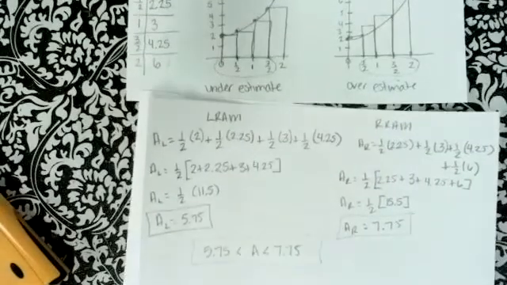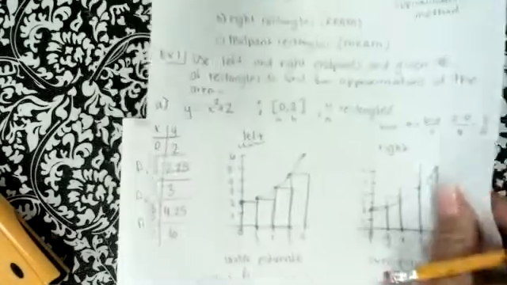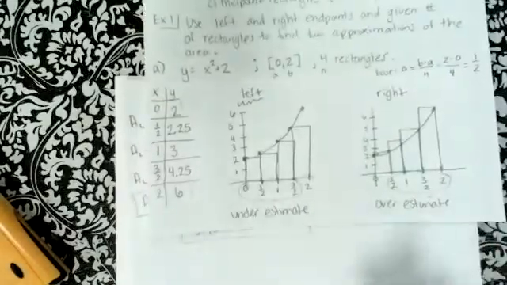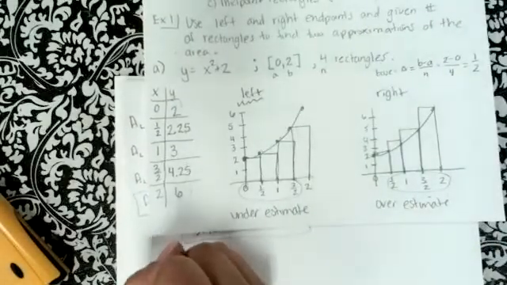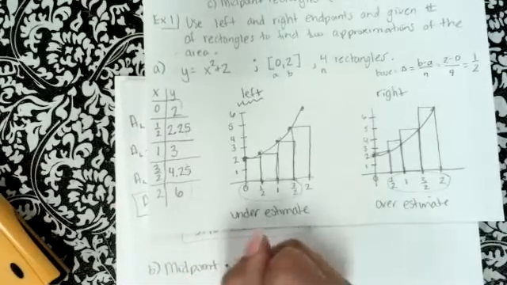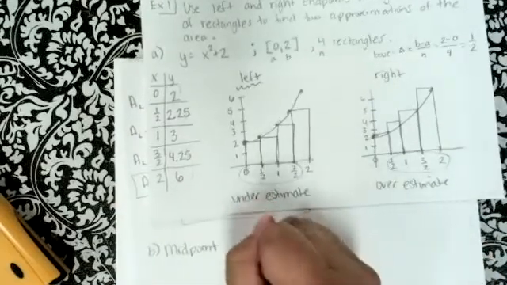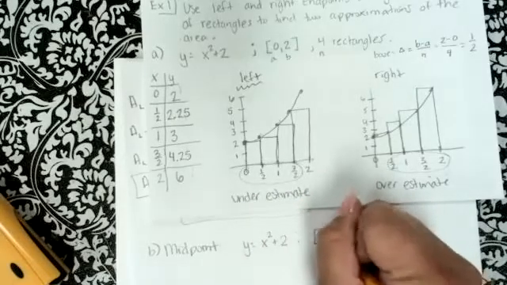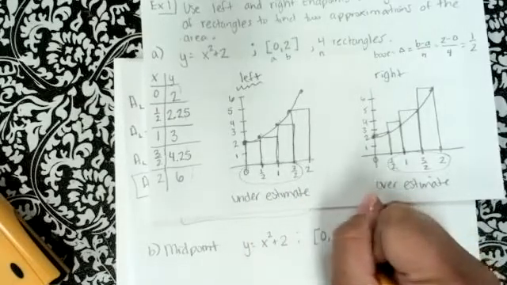Now let's say I want the midpoints, okay? We're still going to use this same one. So let's go ahead and I'll write that as a B, right? I want the midpoints of y equals x squared plus 2 from 0 to 2.